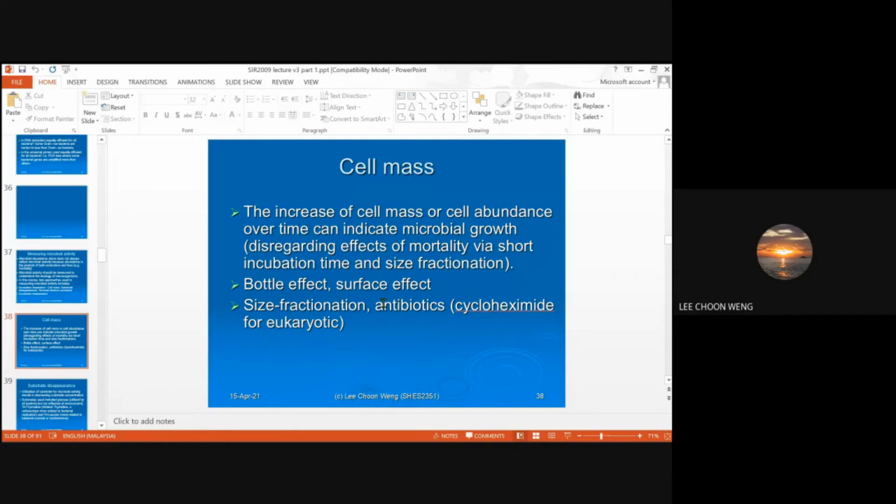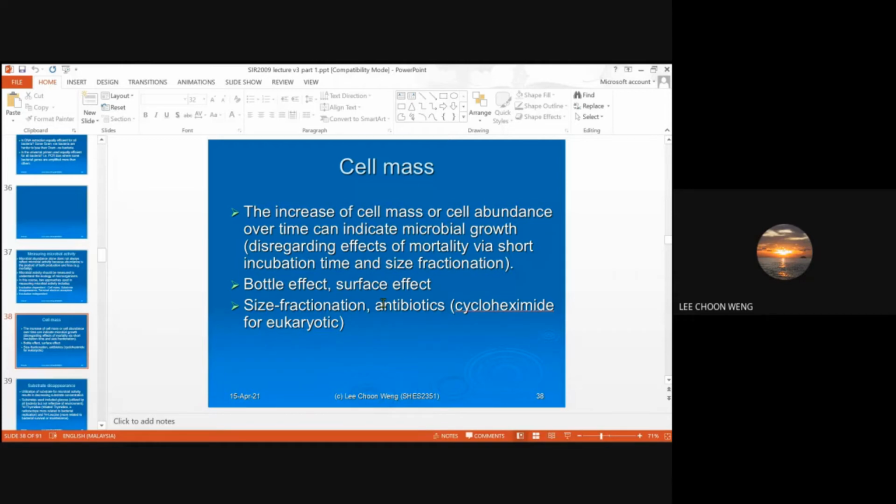So a smaller bottle will have a higher surface area to volume ratio. So a bacteria that is incubated in a smaller bottle tends to have a slightly higher activity than bacteria that is incubated in a larger bottle.